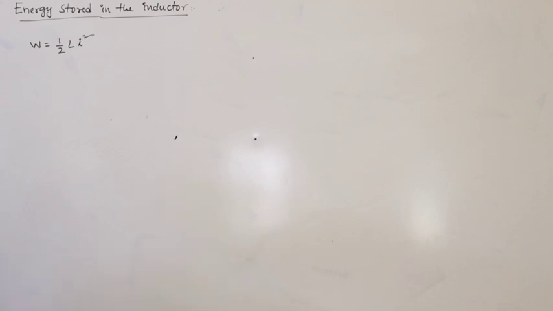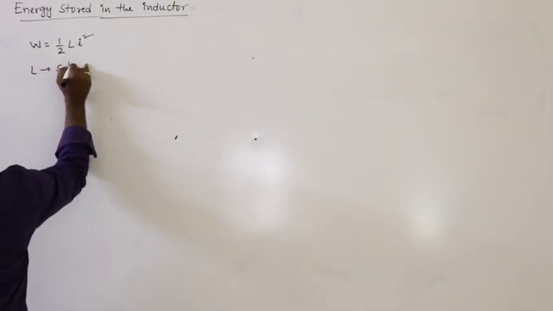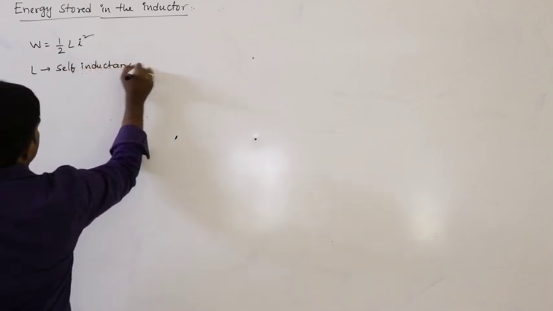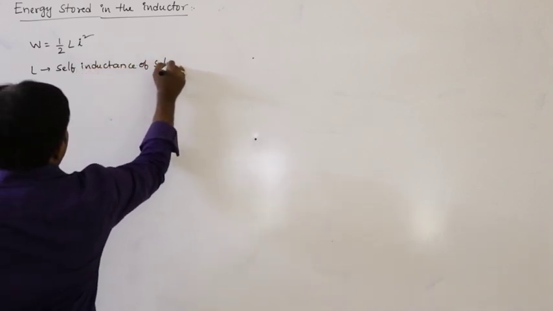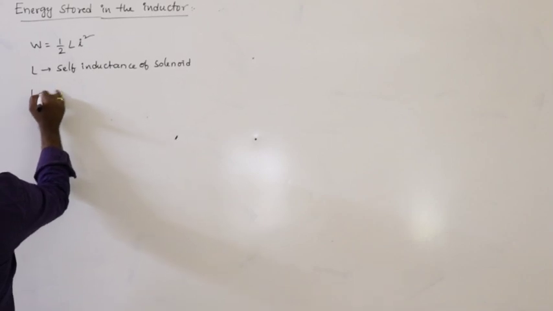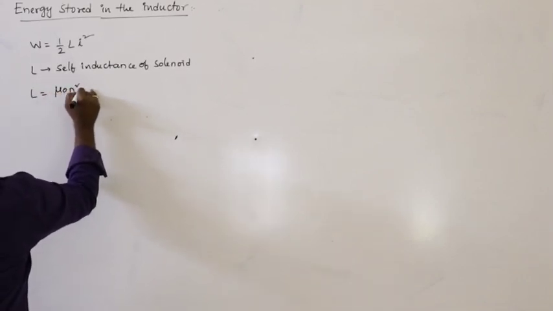L is the inductance of the solenoid, the self inductance of the solenoid. What is the self inductance of the solenoid? L is equal to mu naught n square A l.